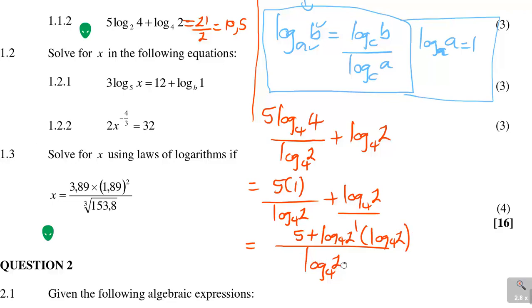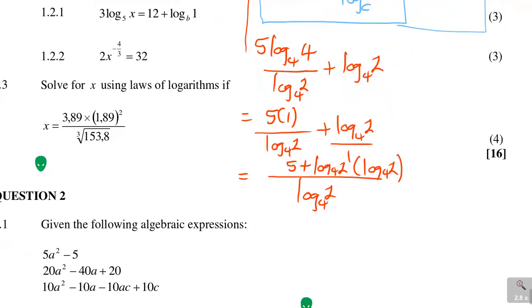So this is what it is giving me at this stage, and this will continue to become 5 plus log in base 4 of 2. As you can see, now it's twice, and then this is squared over log in base 4 of 2.